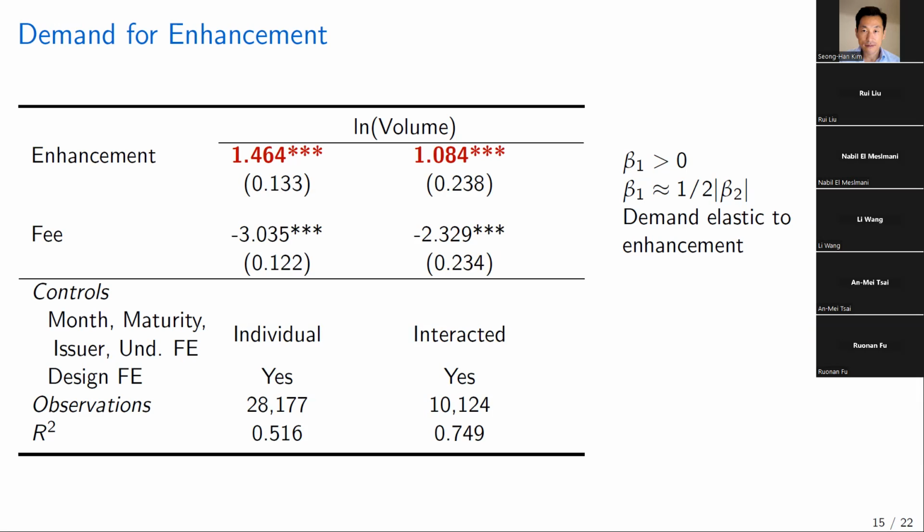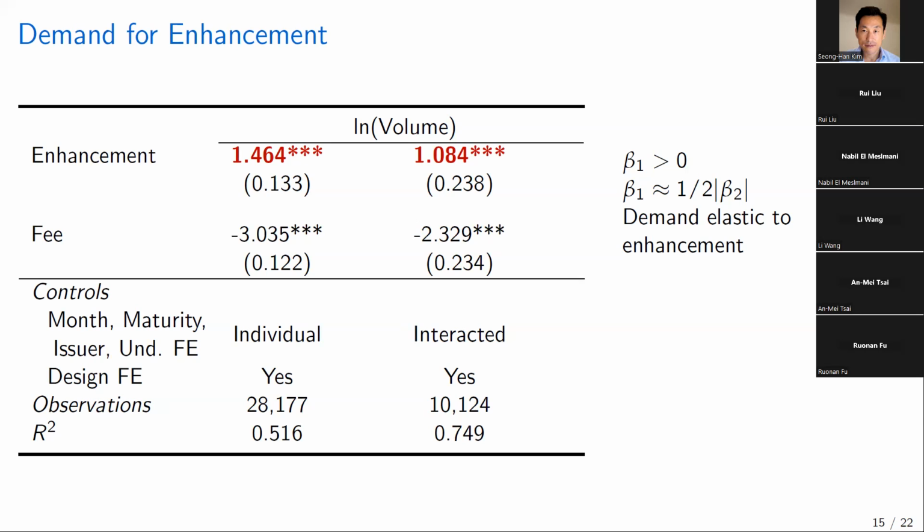So if you take $1 out of fees, how much you reduce demand directly, but if you reduce fees by $1 and increase enhancement by $1, right? I think maybe you understand what I'm getting at. If you switch money out of fees and use it to increase enhancement, what's the net effect?